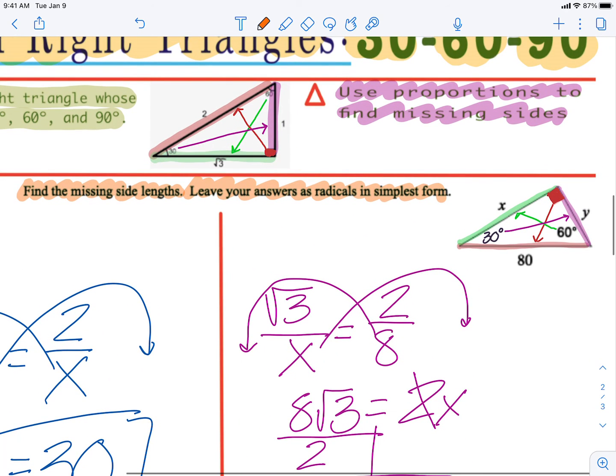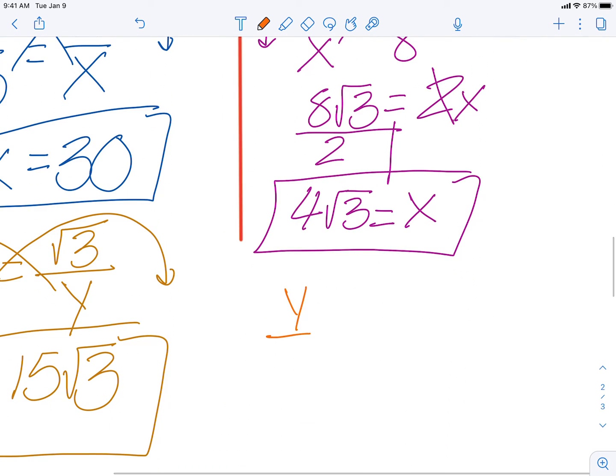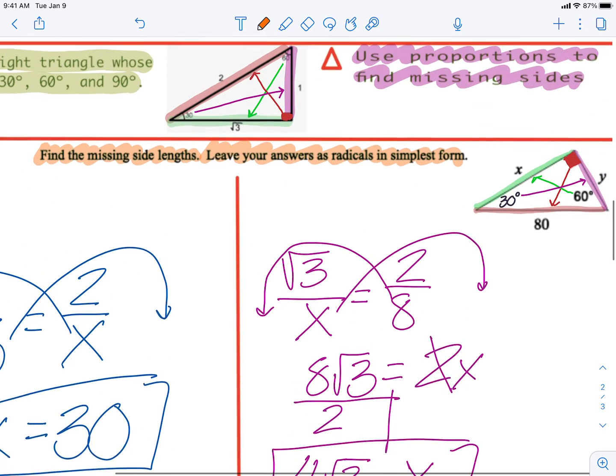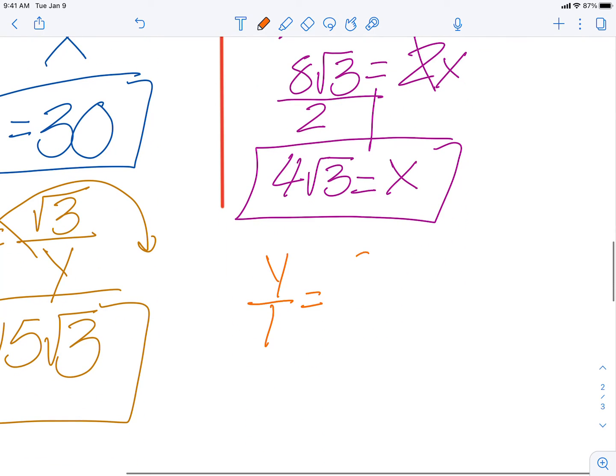So I'm going to say y, purple over purple, so it's y over 1. Y over 1 is equal to, let's see, I have my red, red over red, 80 over 2. 80 over 2.